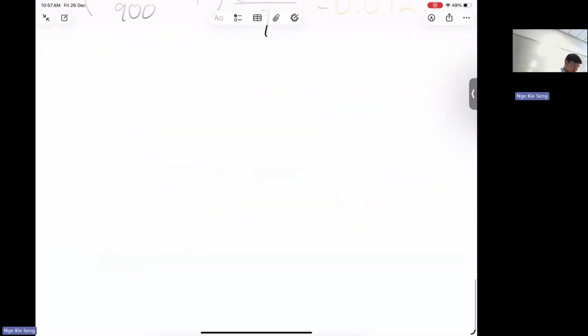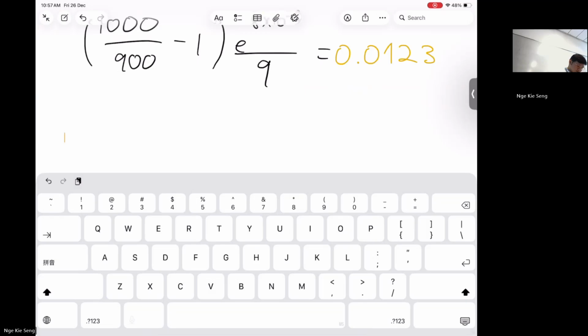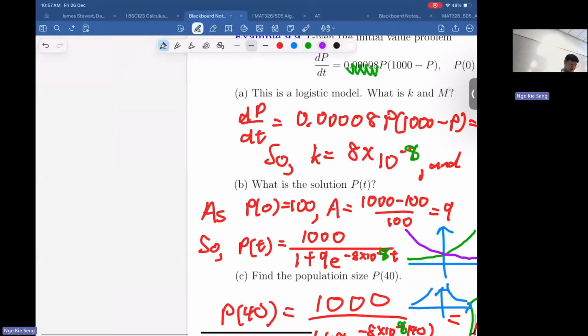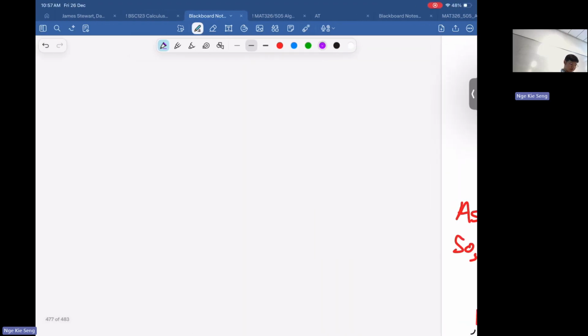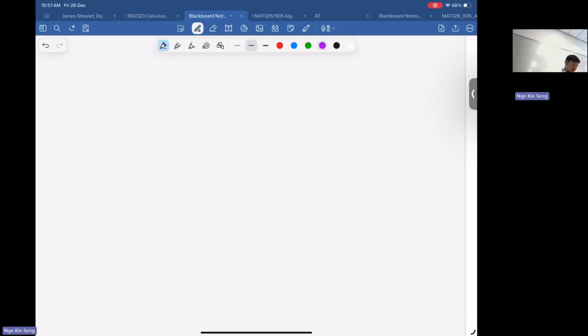Or can this do it or not? Let me ask it to do. e to the 1. Oh, it's just e to the t, huh? Then that's not good. Okay, never mind, I think it's just e to the x. It's increasing. How? Can we make sense of this number?